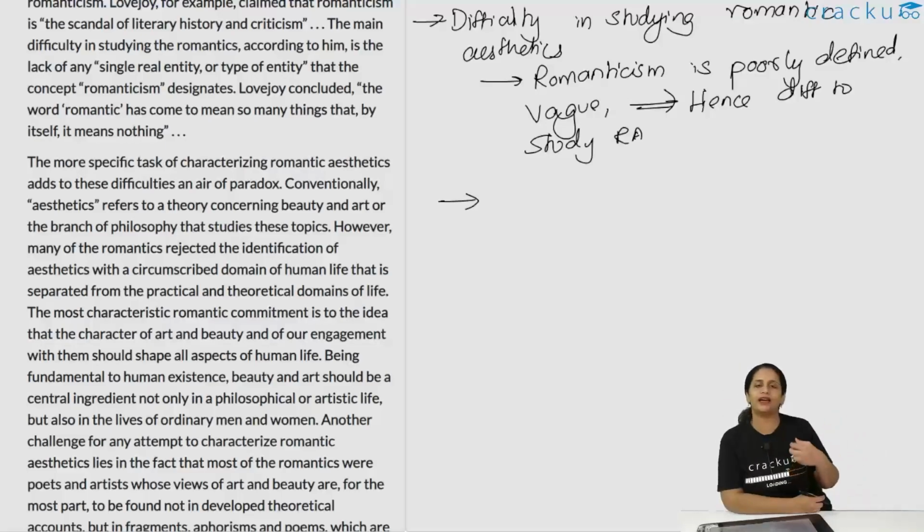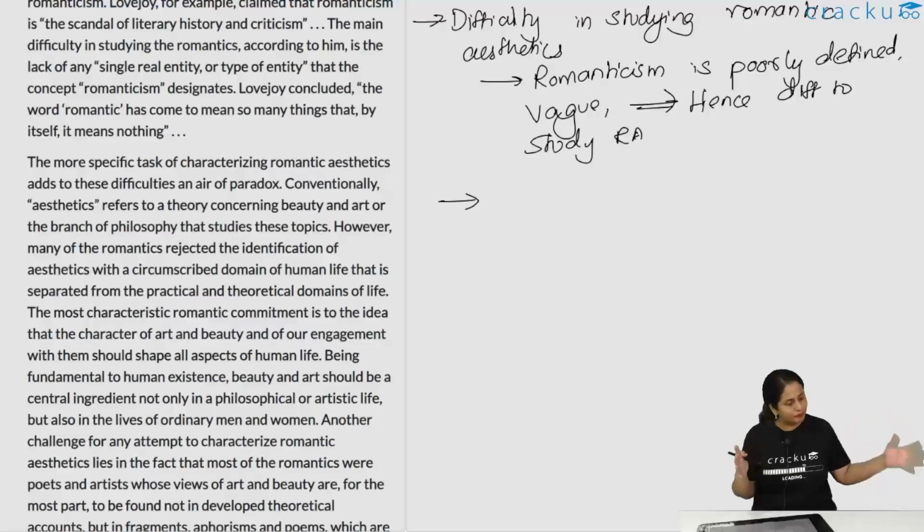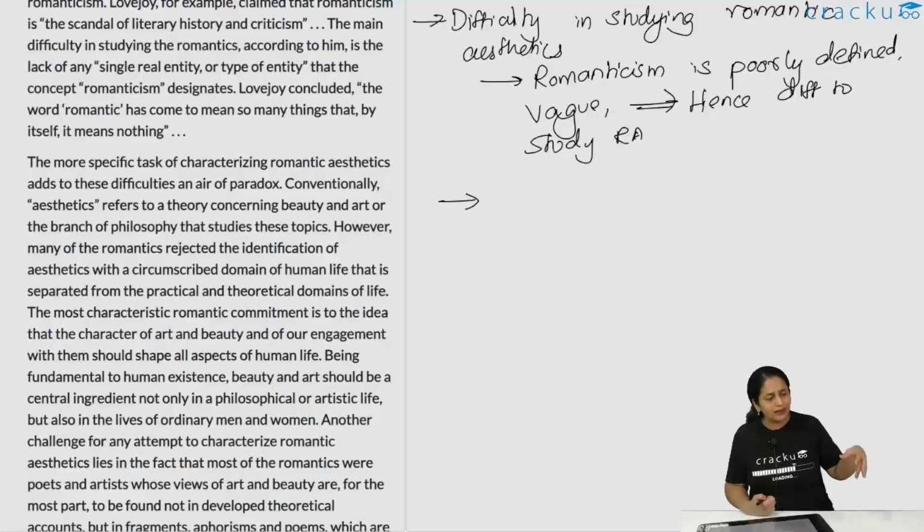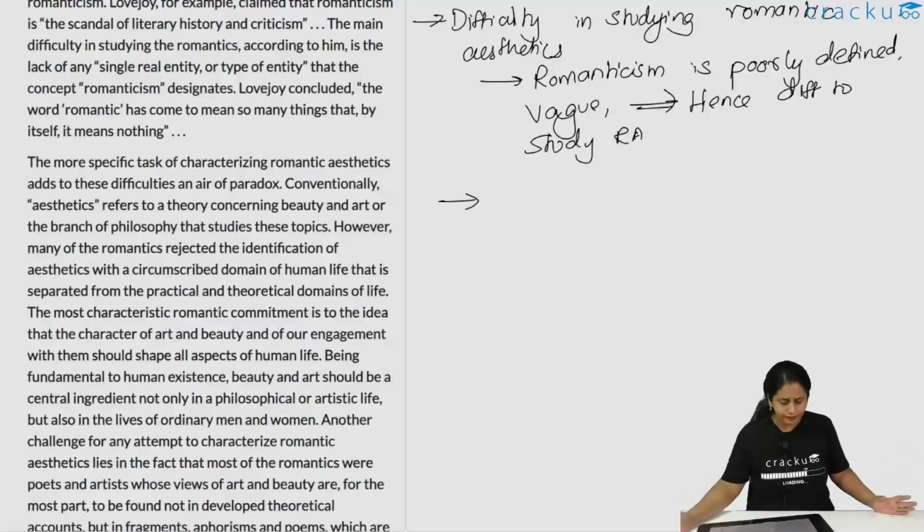If you make even a simple pillar, it should have beauty and art. They believe that everything in life should be suffused with beauty and art. It is not a separate part of life, and it is characteristic of romanticism. It's not just one idea, it is one of the defining characteristics of romanticism, that you put beauty, art, aesthetics at the core of everything. You don't separate it from normal life as such.